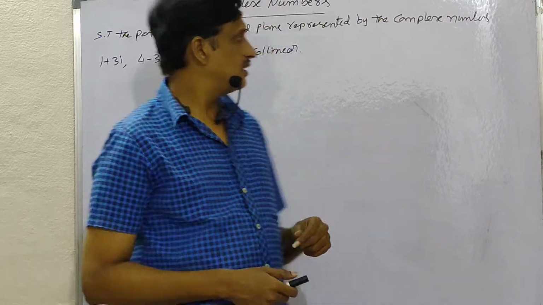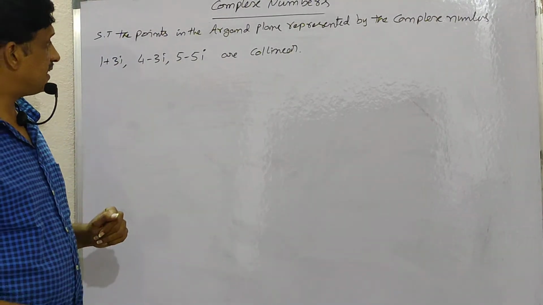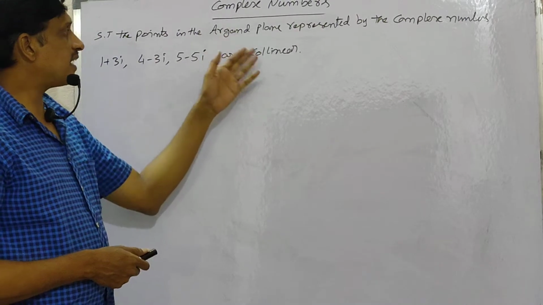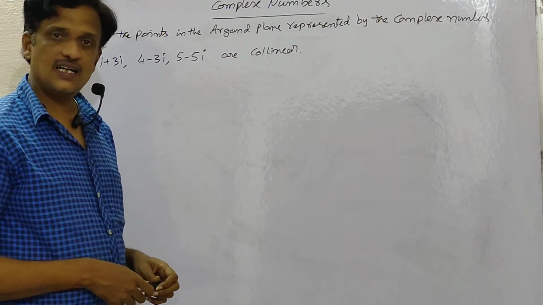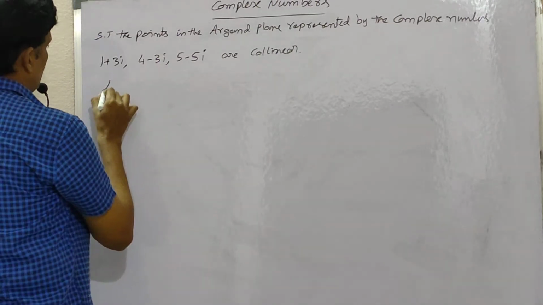And now here, the points represented by the given complex numbers in the Argand plane are collinear is the given problem. So do one thing.